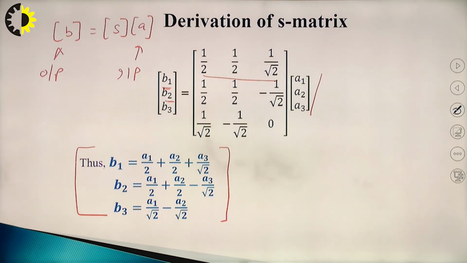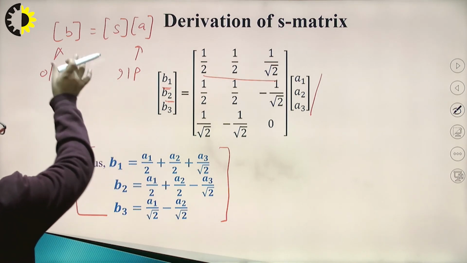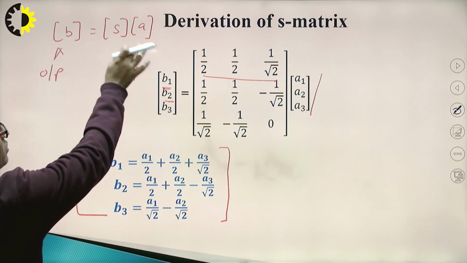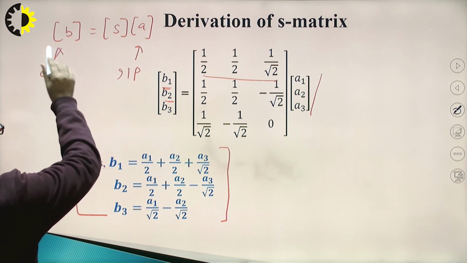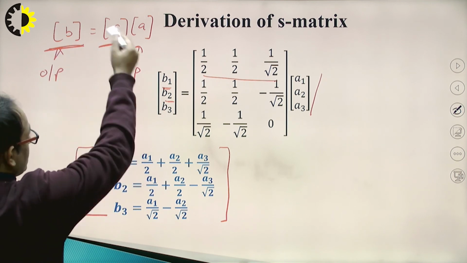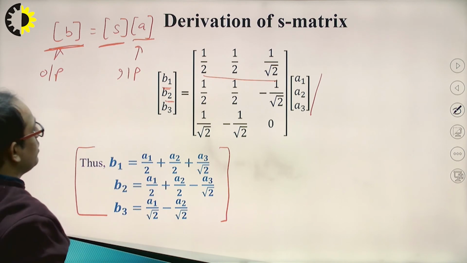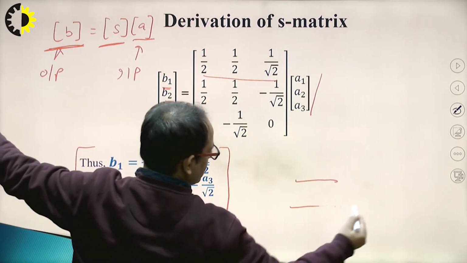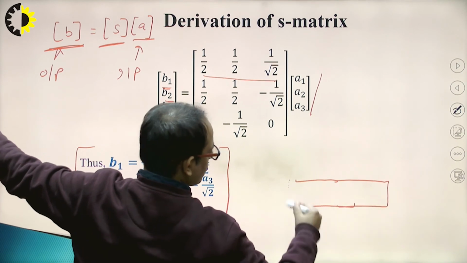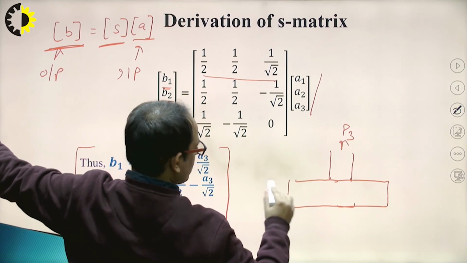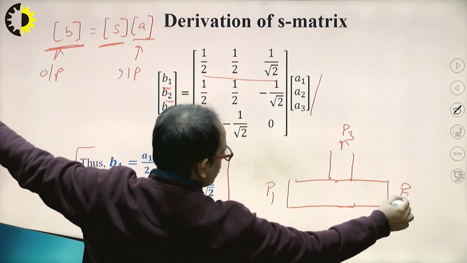Now see, this S matrix can be used to find out the output. This B is the output matrix, S is the scattering matrix for the junction, A is the input. So you will see that there are three inputs, three outputs: port number 3, 1 and 2.